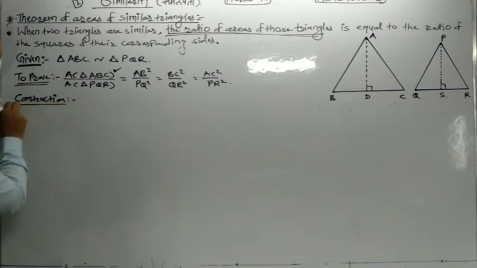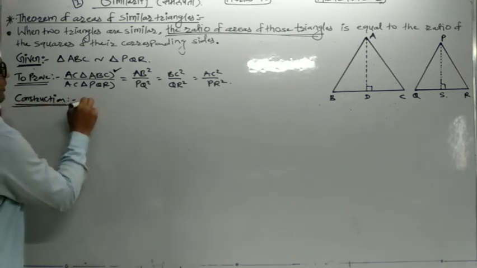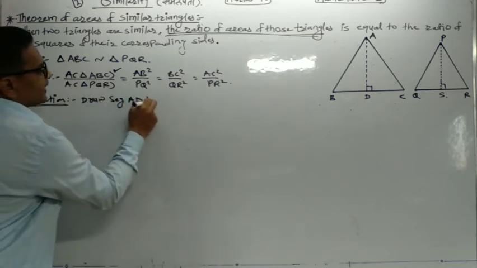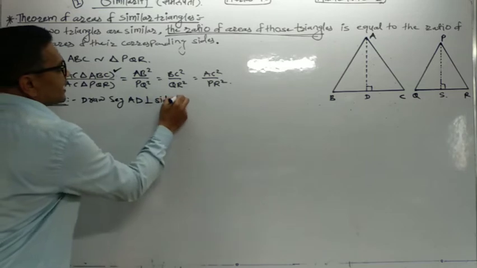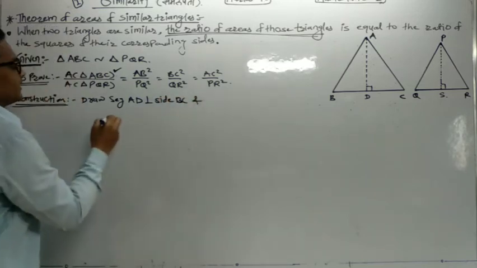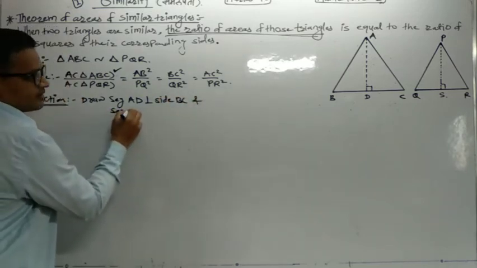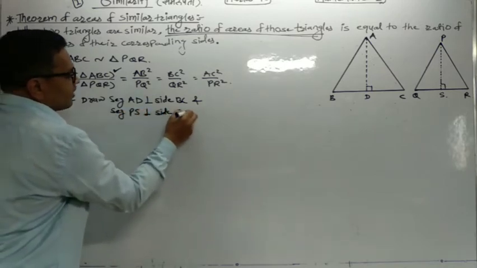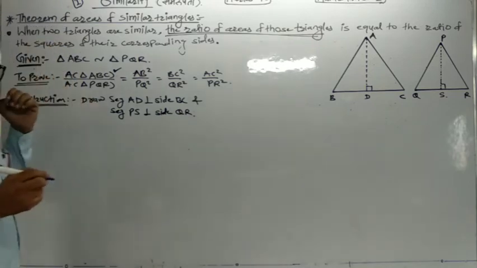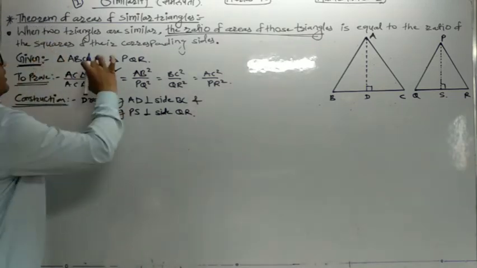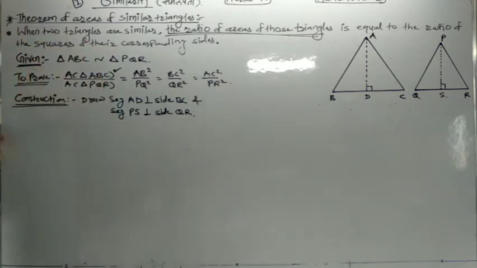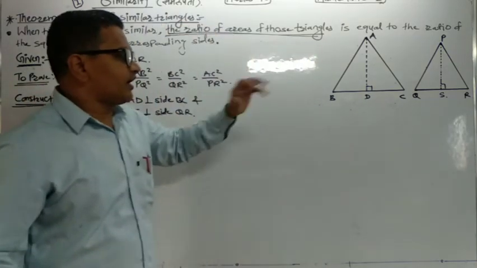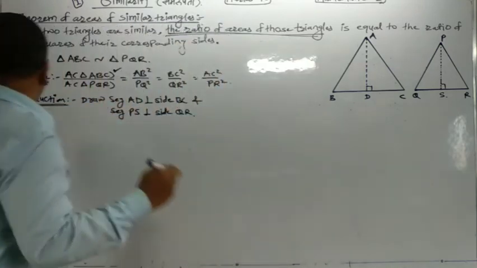Draw. This is only to find out the areas of those triangles. Without base and height, we cannot find the area of two triangles. Understand? Now proof.